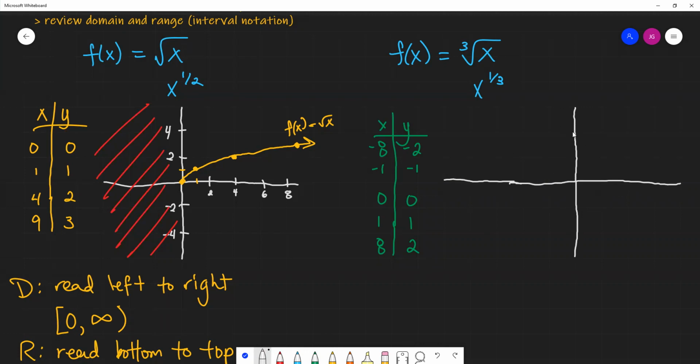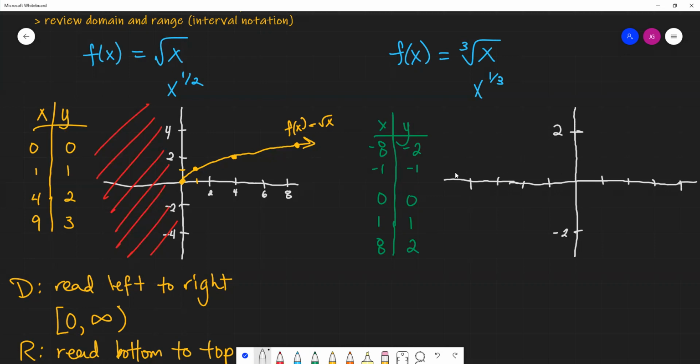So I'm going to put 2 up here. I'm going to scale the y-axis by 1, but then my x-axis, I'm going to scale that by 2. So 2, 4, 6, 8, 2, 4, 6, 8.